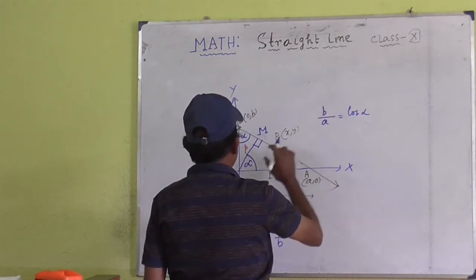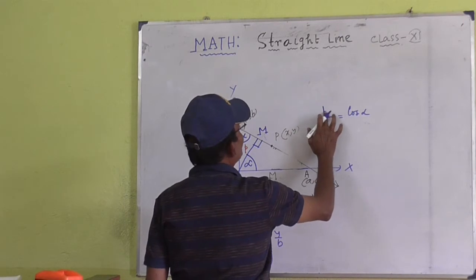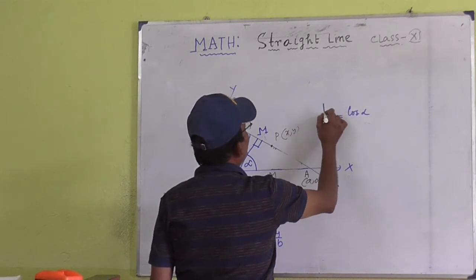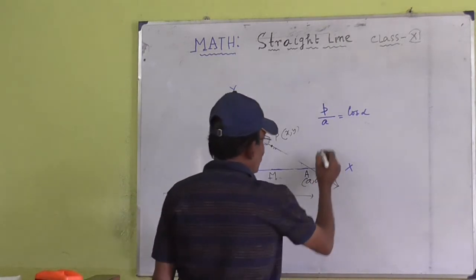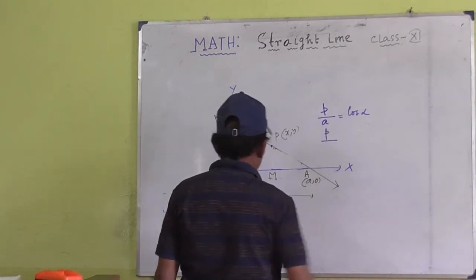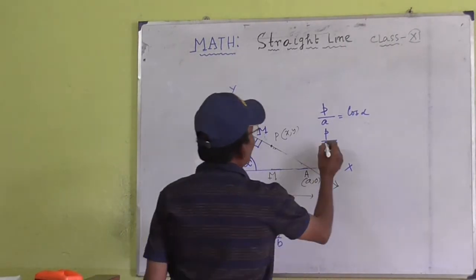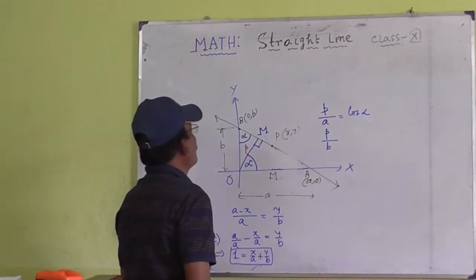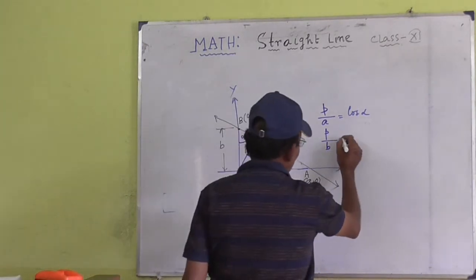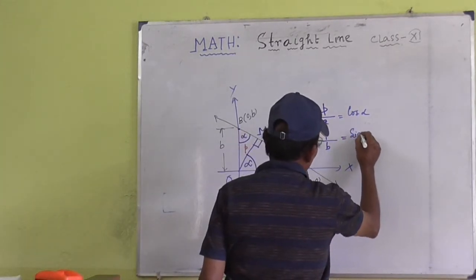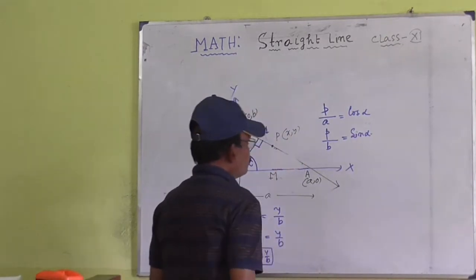This is not B, this is P. Base by hypotenuse, now here P by A, that means perpendicular by hypotenuse, equals sin alpha.